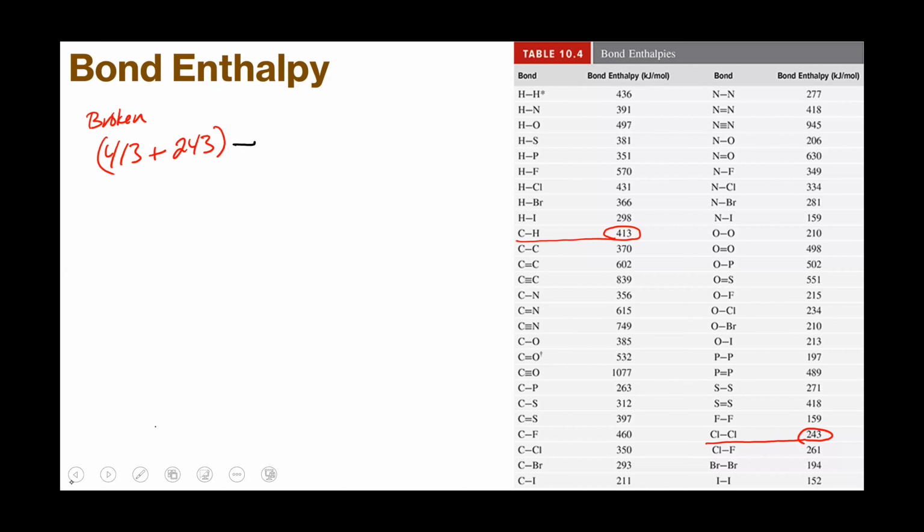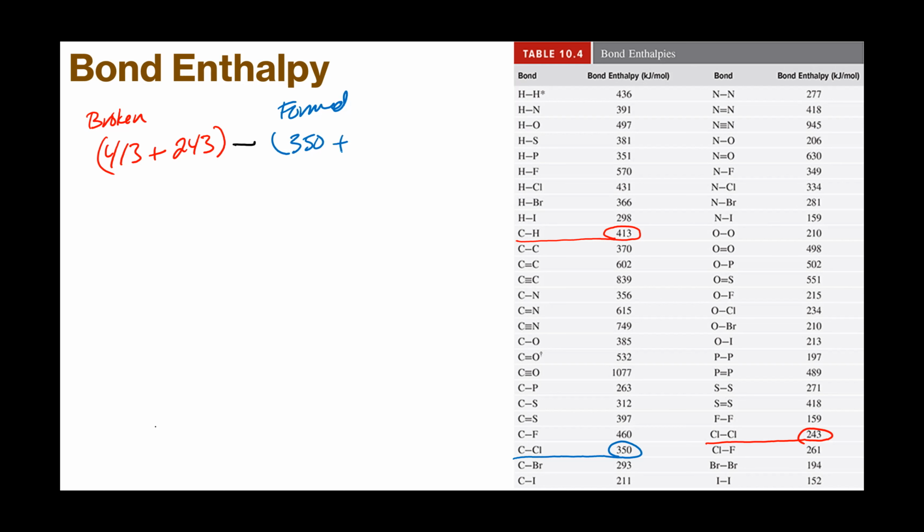The bonds we formed were a CCl. Here's CCl right down here, 350. And we're going to add to that the HCl.